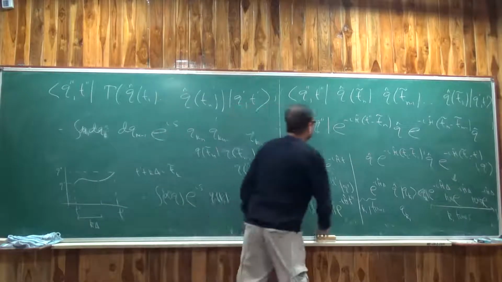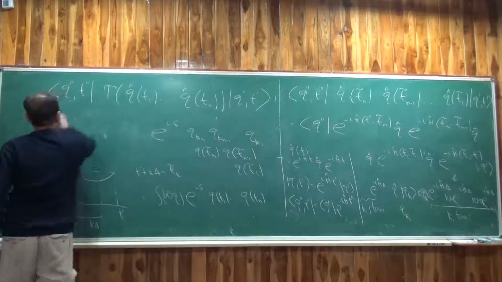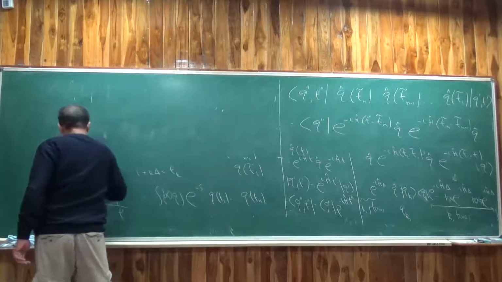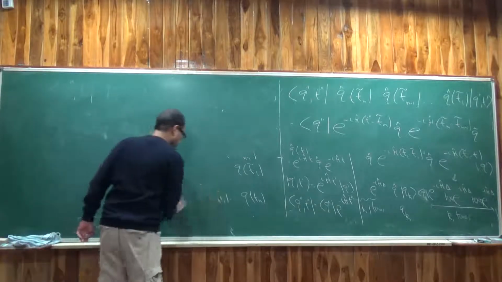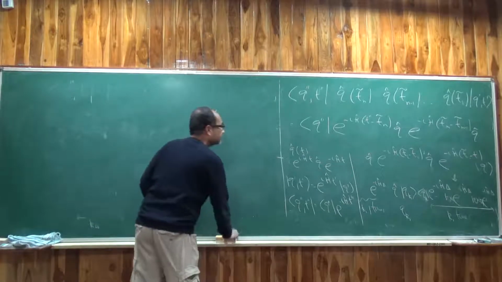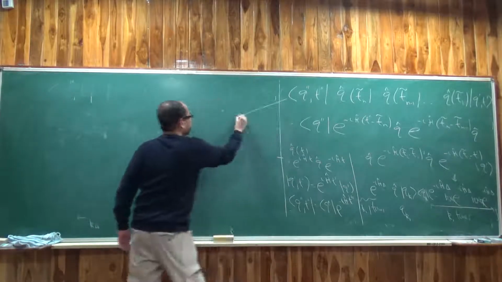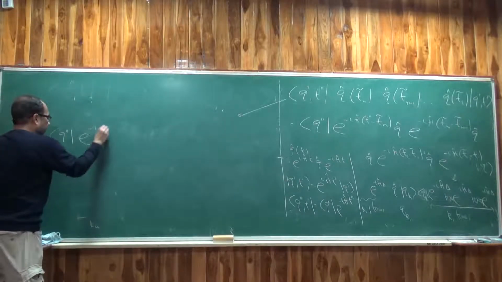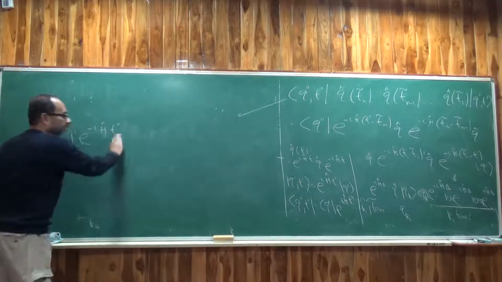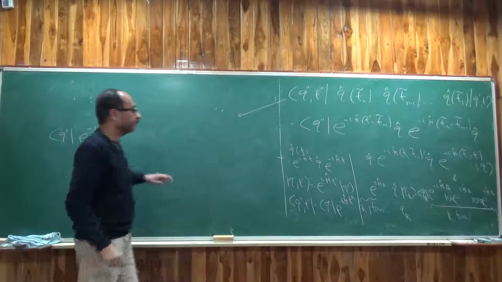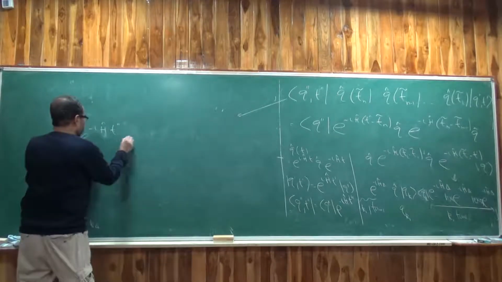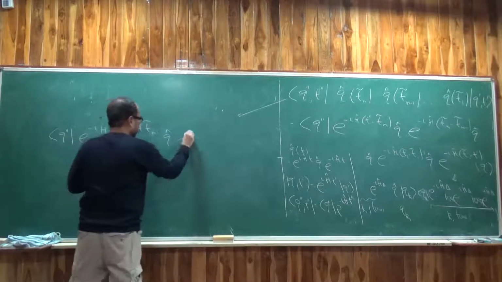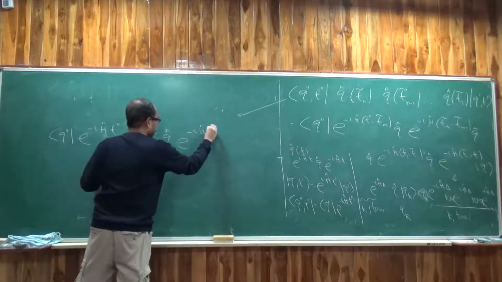Maybe I can do it here. You start from here. So you get ⟨q''| e^{-iĤt''}. That's the ⟨q'', t''|. Then q̂(t̃_n) gives you e^{iĤt̃_n} q̂ e^{-iĤt̃_n}.